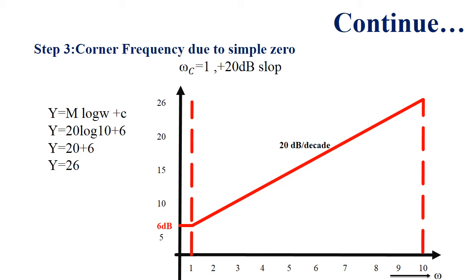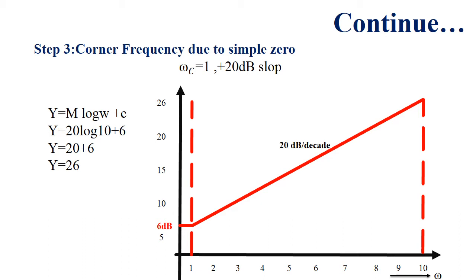As we can see in the slide, our corner frequency starts from 1, and it will end at 10, because in the numerator we have s plus 1. So the corner frequency from s plus 1 equals minus 1, and we are not going to take frequency as minus because frequency will not be negative. So I will take the corner frequency equal to 1 in this scenario.